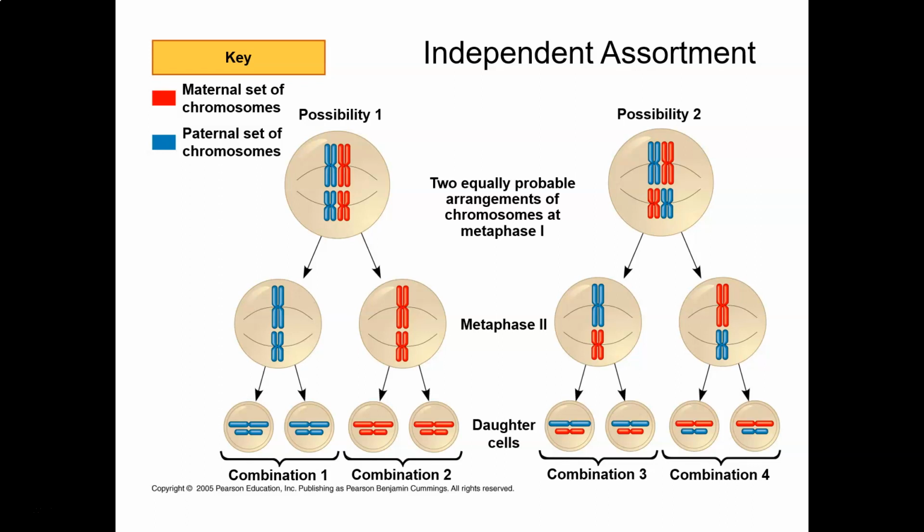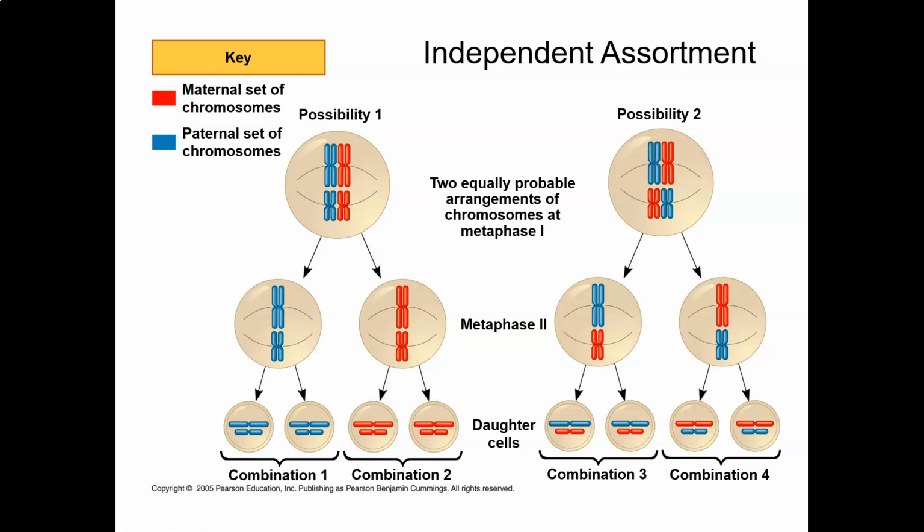Those are non-homologous. So the way the non-homologous chromosomes line up is random chance. So maybe, like you see on one side, all the reds are lined up on one side and the blues on the other, or maybe they're mixed up. It's random chance. But the way they line up is going to affect which gametes they end up in.